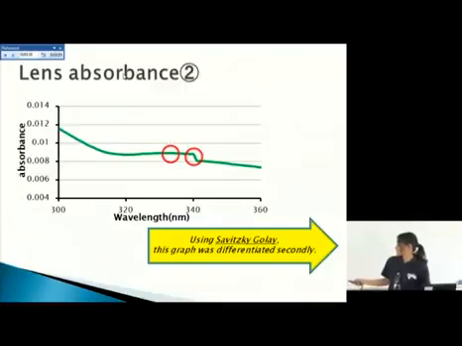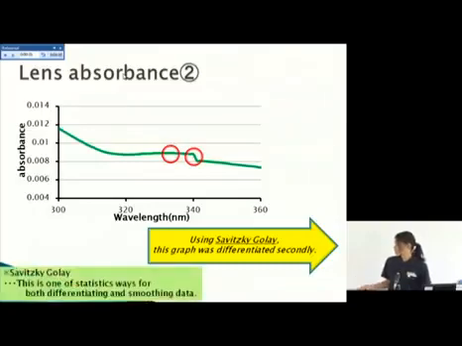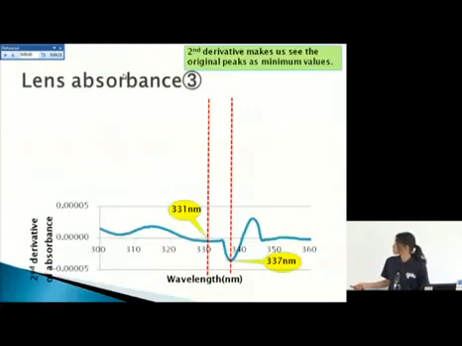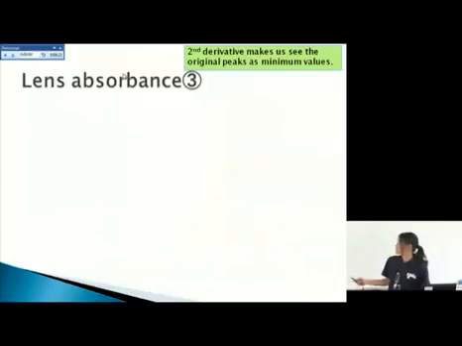Using Savitzky-Golay, I differentiated this graph secondarily. For your information, Savitzky-Golay is one of the statistical ways for both differentiating and smoothing data. The second derivative makes us see the original peaks as minimum values.